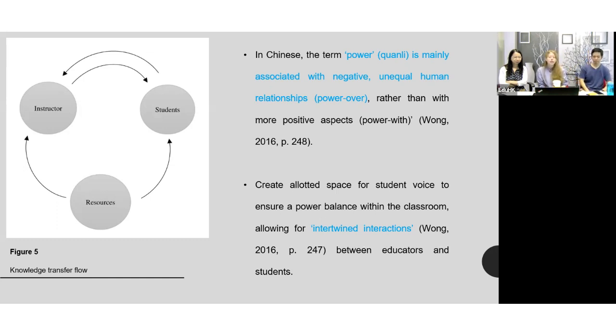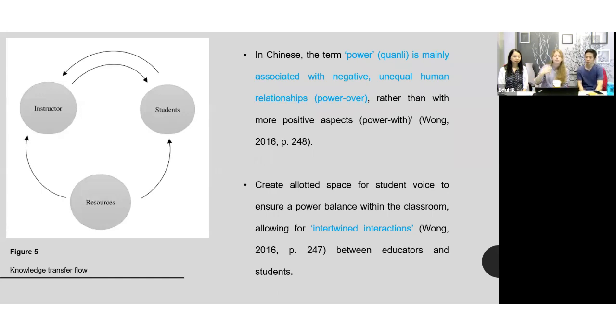And the research by Wong stresses this idea of creating intertwined interactions as a way to overcome this power over situation that is experienced quite a lot by students in education. So we need to restructure the power relationship, and we can do that by shifting the knowledge transfer flow. So it's not just about the lecturer teaching the students.